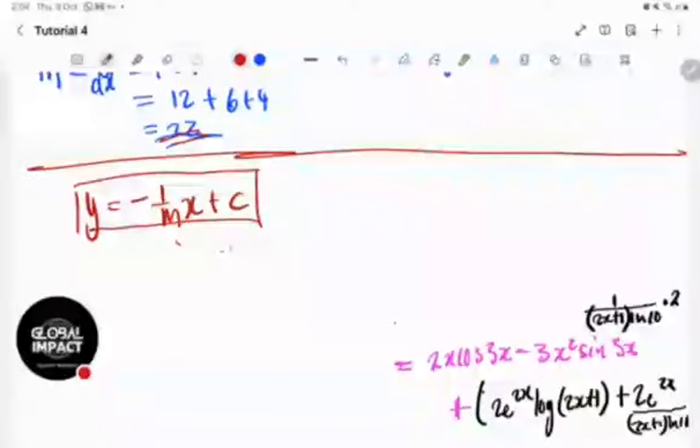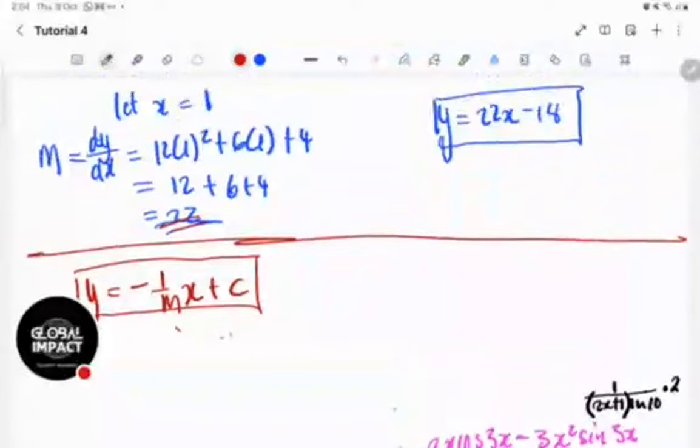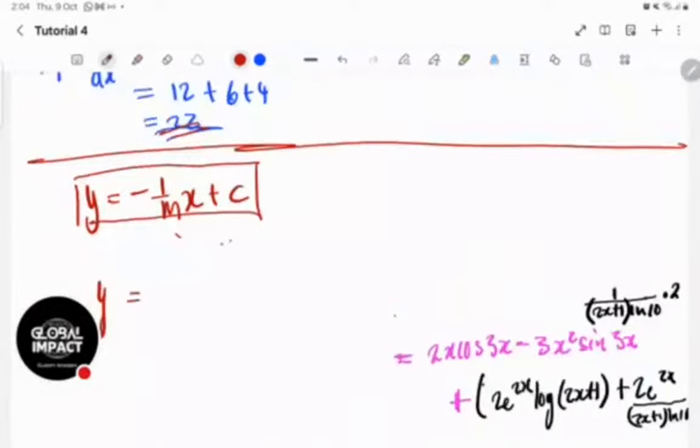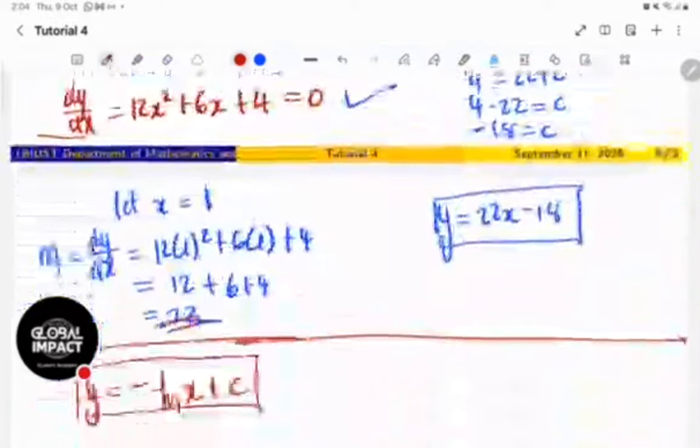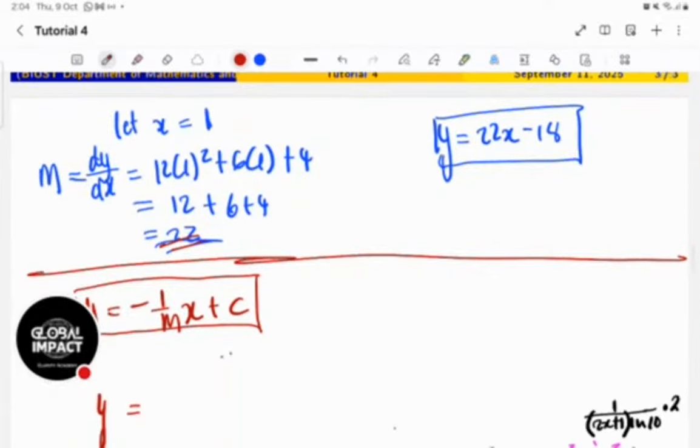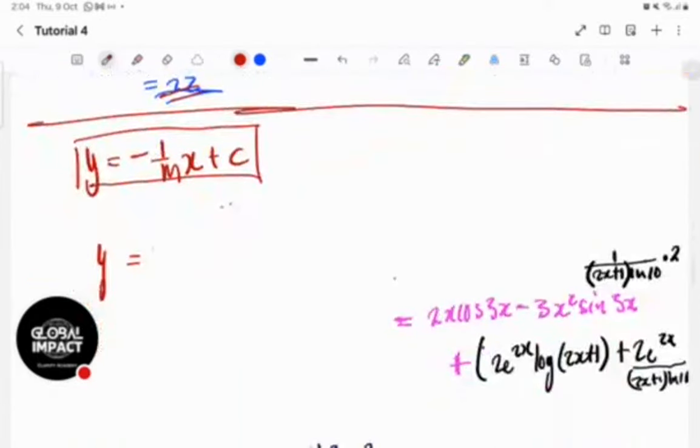If m is this 22, then you're going to have y. To find this negative one over m, you put the function, you differentiate it, you let m be equal to something. Then you get your m. Now you're going to put it in here to say y = -1/22 x + c.